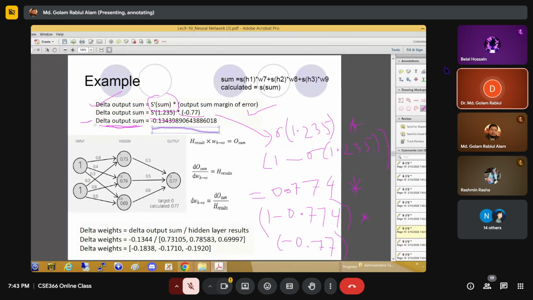But we need to find the delta weight, that is the rate of change of weights. We already found the delta output sum.